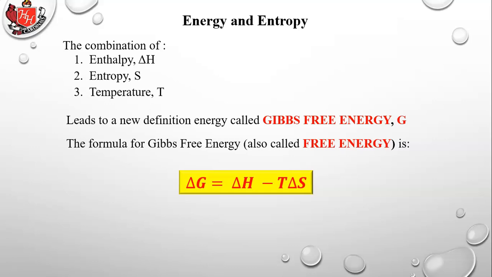But what I want you to notice at this point is, up until this lesson, the only type of energy we talked about was heat energy, delta H, enthalpy, going into or out of a chemical reaction. And if chemical systems had to go from higher to lower energy, then all chemical reactions should be exothermic. They should give off energy. But we know that they're not.